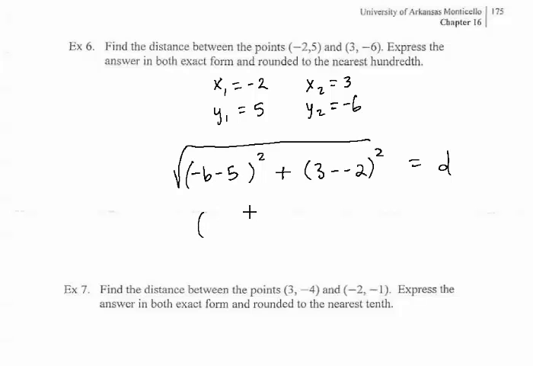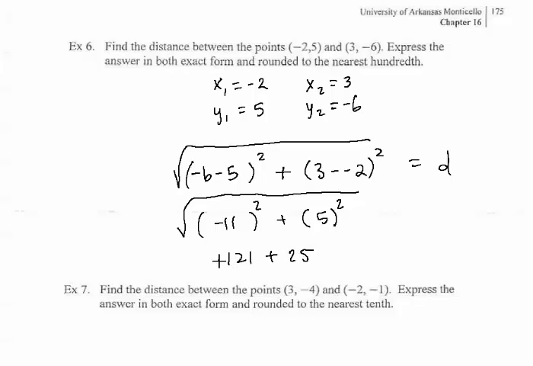So now all we have to do is add all this up. This is a -11 squared. This other piece is a 5 squared. Minus minus is a +2. 3 plus 2 is 5. Alright, we'll bring down our square root, and we have 121 plus 25.